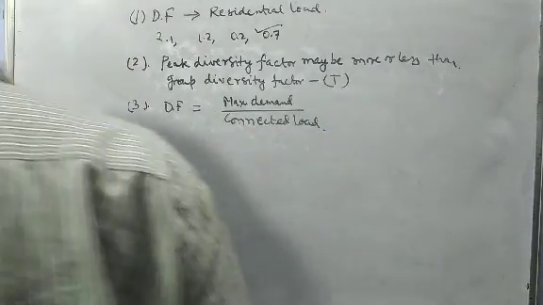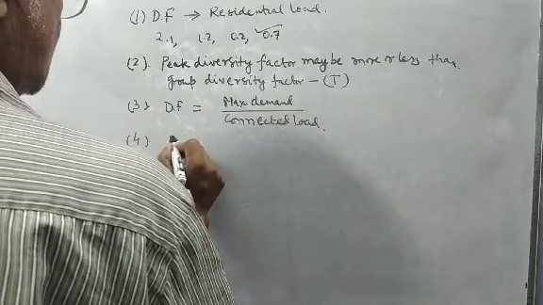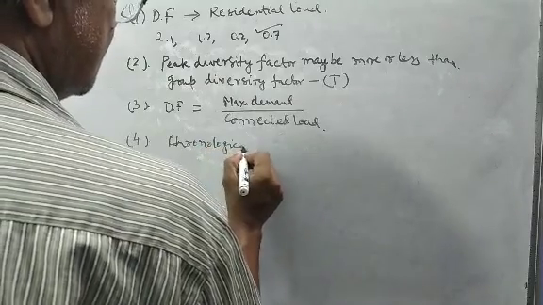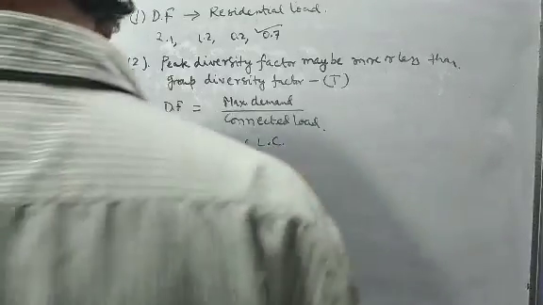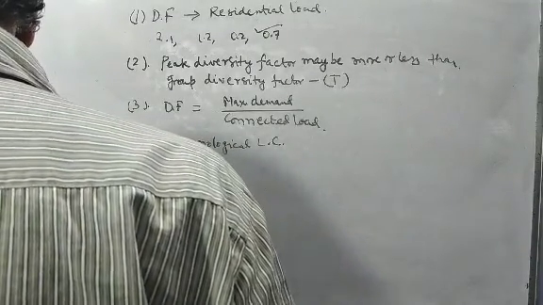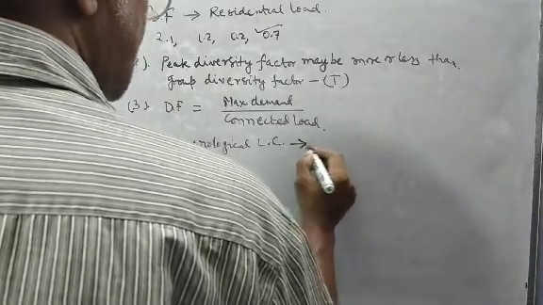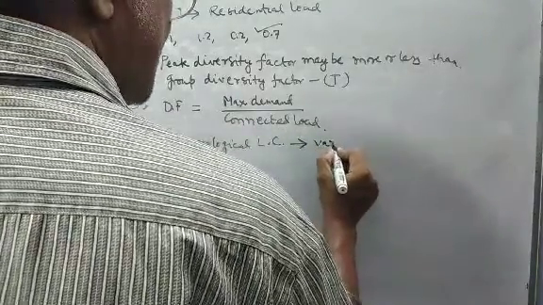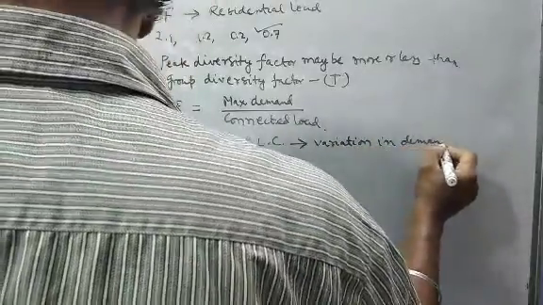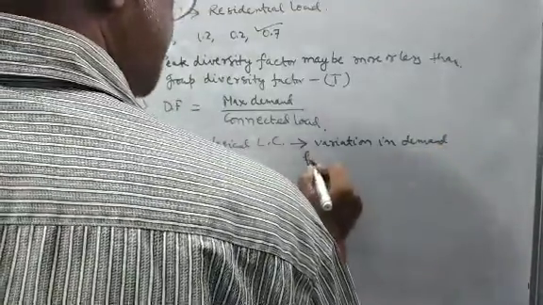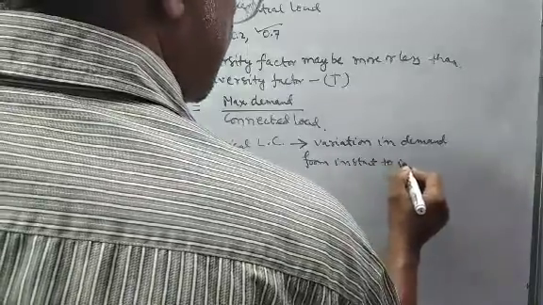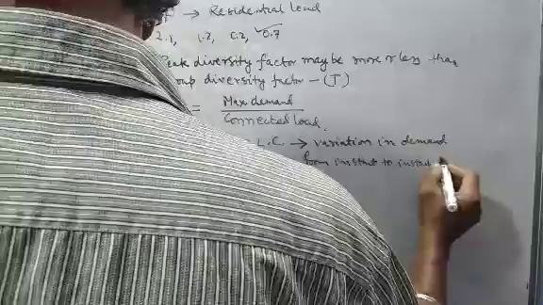Number 4, the chronological load curve. What does the chronological load curve depict? It shows the variation in demand from instant to instant during 24 hours.